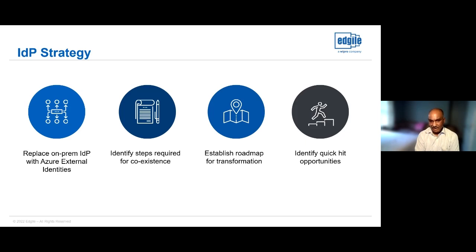Obviously, we have had our systems for 20-plus years, so it would take us some time. So we are identifying the steps required for coexistence, a roadmap for transformation, and then a very important part of it is to identify the quick-hit opportunities. What can I get done today as opposed to 6, 8, or 12 months down the road?